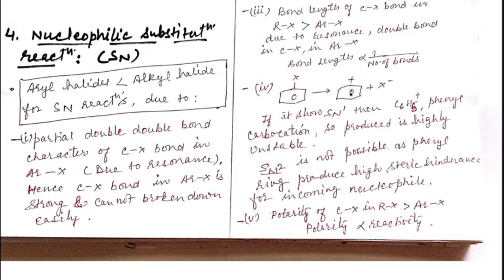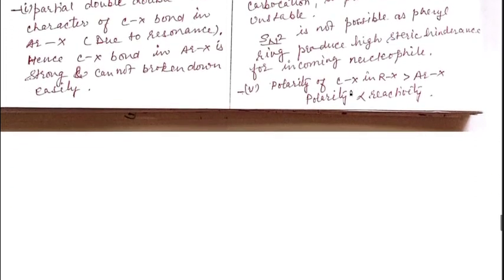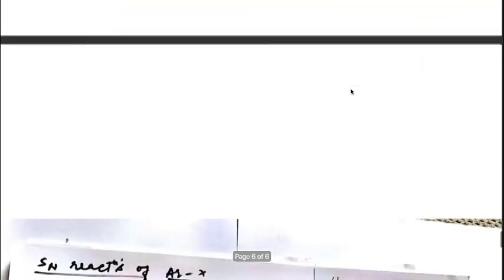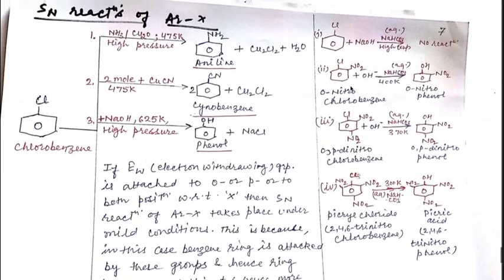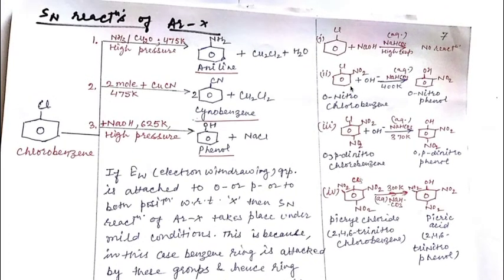So with the help of this explanation, we can say that aryl halides are less reactive towards nucleophilic substitution reactions as compared to alkyl halides. For nucleophilic substitution reaction, we need to supply some extra conditions to aryl halides.